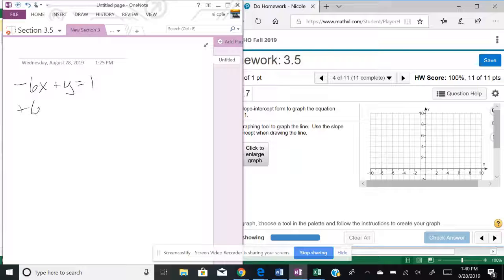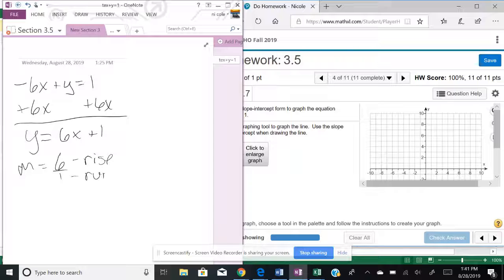To do that, I'm going to add 6x to both sides. Therefore, I'm going to have y is equal to 6x plus 1. My slope, therefore, I now know is the 6, or 6 over 1. That's my rise. This is my run. And my intercept is 1.